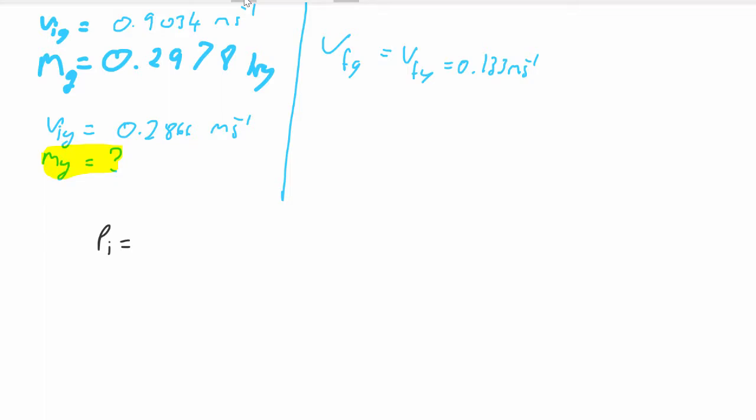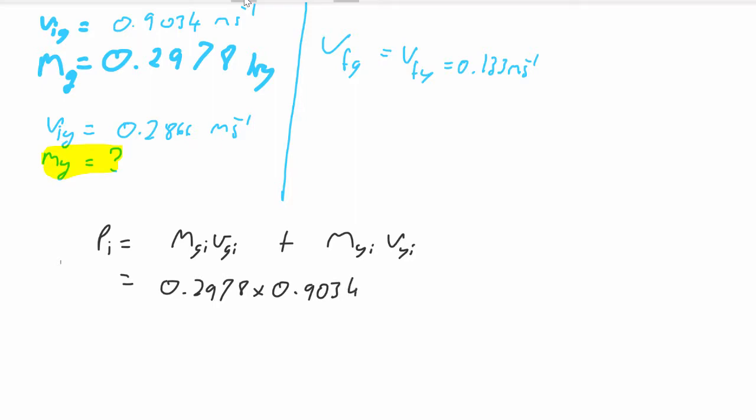Okay, so PI is going to be M green V green initial plus mass yellow initial velocity yellow initial. And so do I know the mass of the green? 0.2978, and the velocity of the green 0.9034.